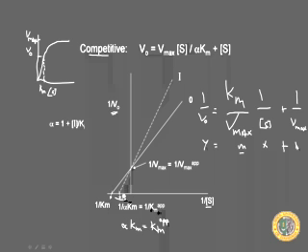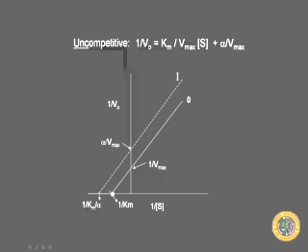The second type of inhibition is uncompetitive inhibition. Here's our equation for the line. In this case, both our Vmax and our Km change.